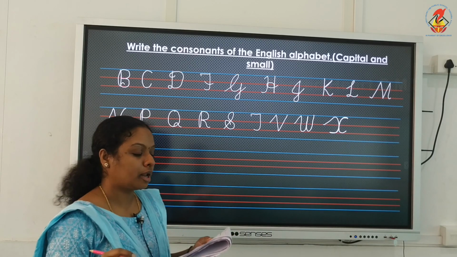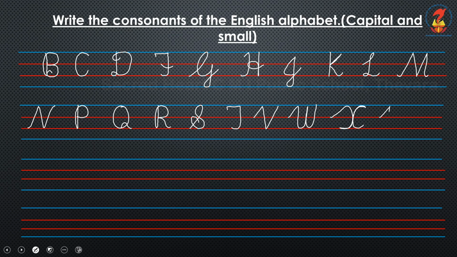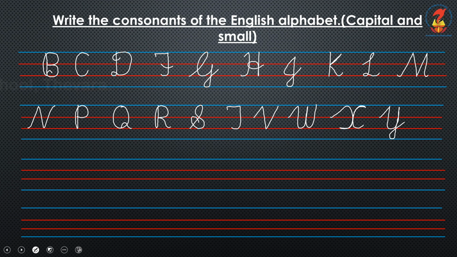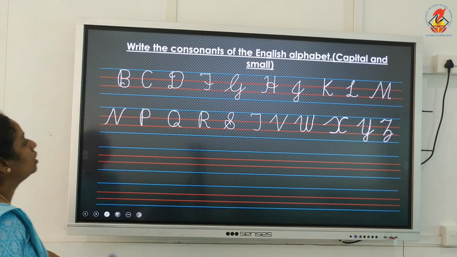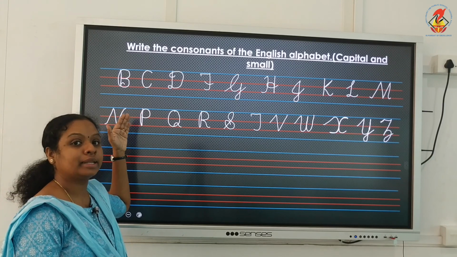X, then Y, Y, and which is the last letter, it is Z. Z. Okay, so these are the consonant letters which we have written in capital letters.